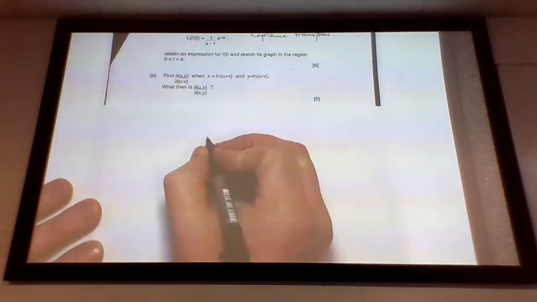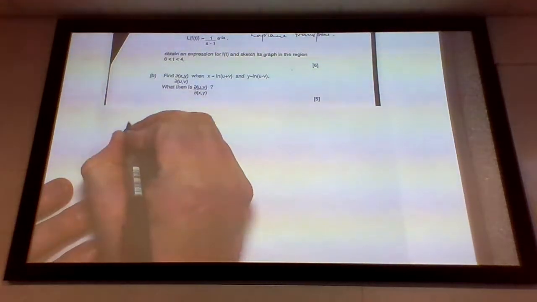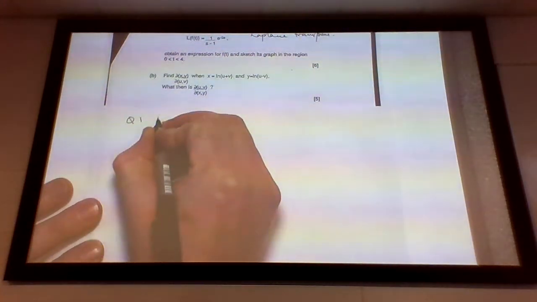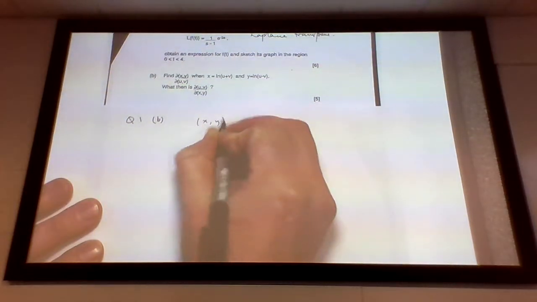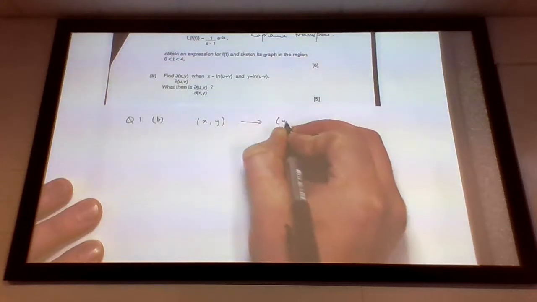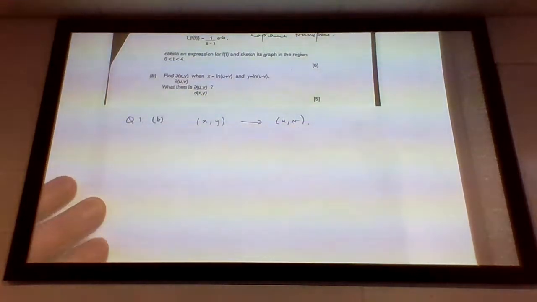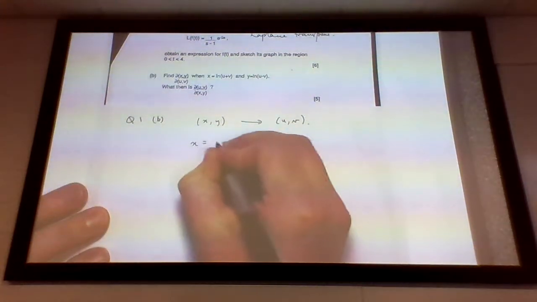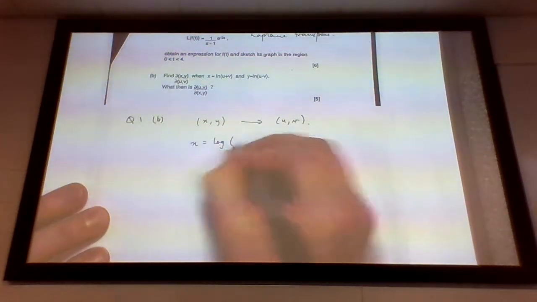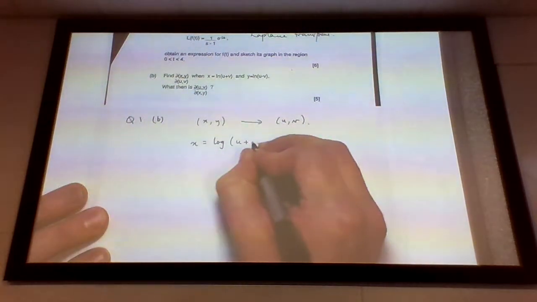So question B deals with a transformation from one system of coordinates to another, coordinates for the plane. And these two systems are related by the transformation equations that x is the logarithm. I'm going to write it as log because I'm not used to writing ln.